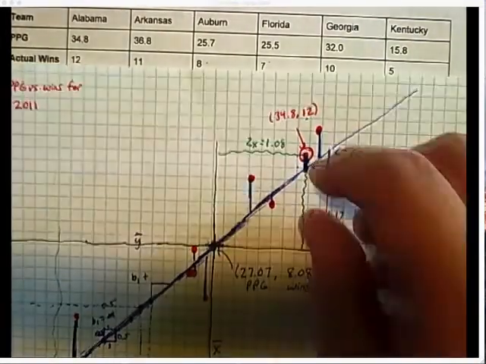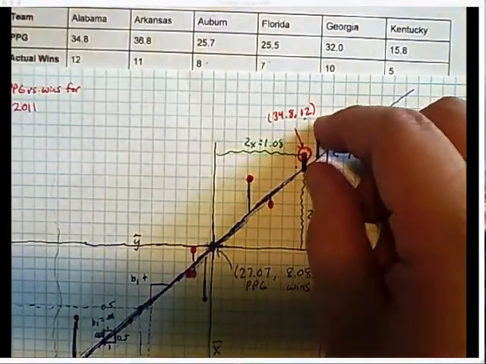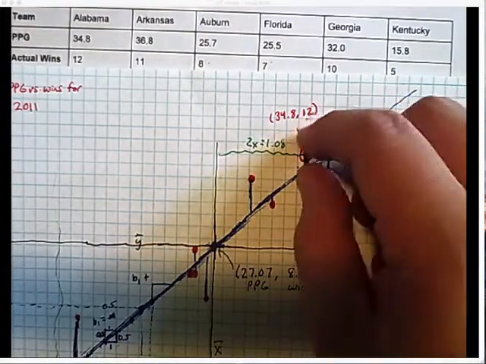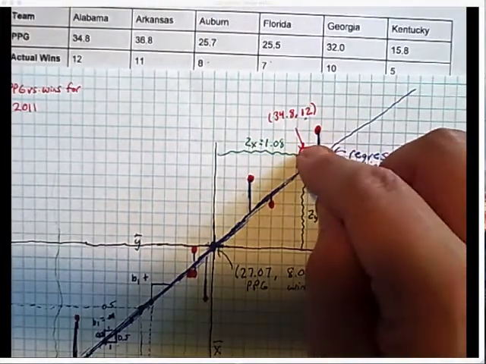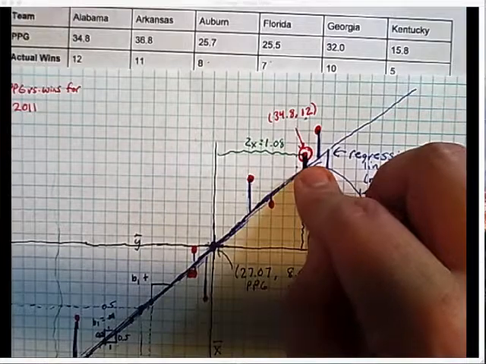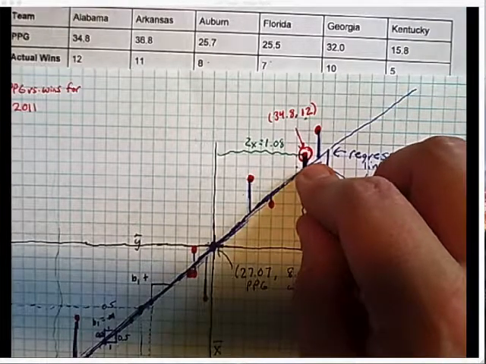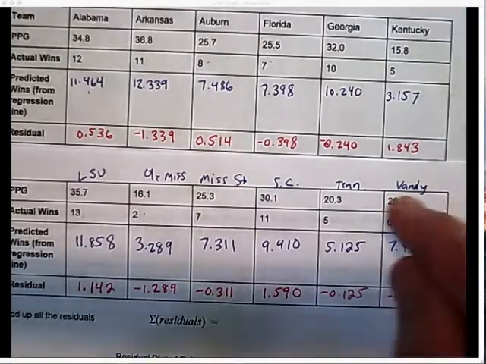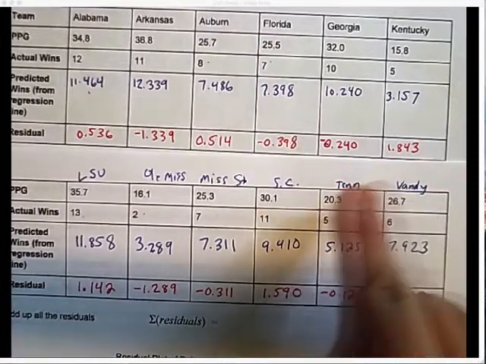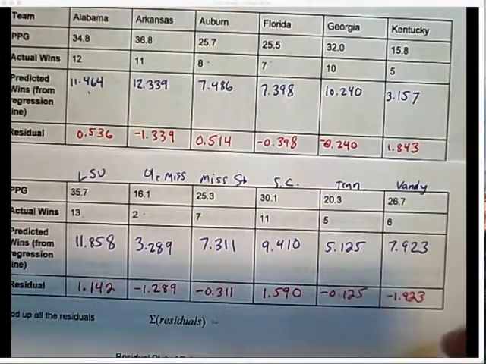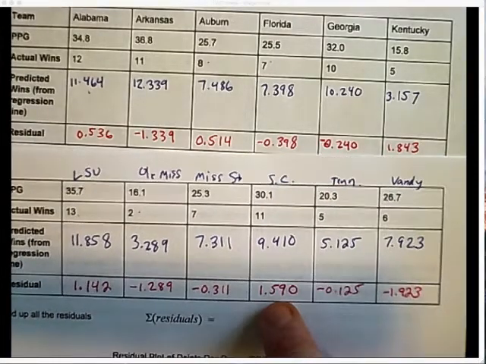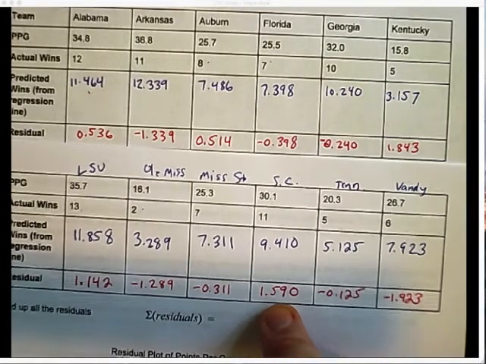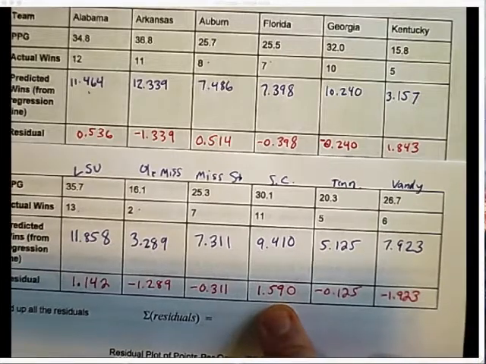On the graph, it's the vertical distance between the point and where the prediction line is. Okay. So of these, which one is the biggest positive? Here, South Carolina, they have a residual of 1.59.